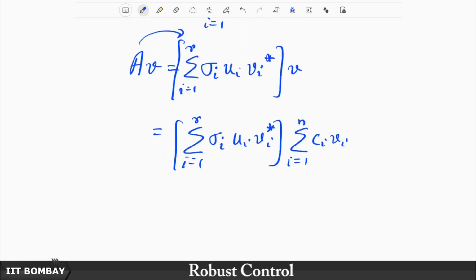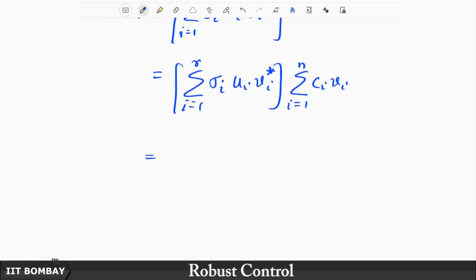But now observe that, in the same manner in which we have written this down earlier, if you open up these brackets, it may appear a little inelegant.